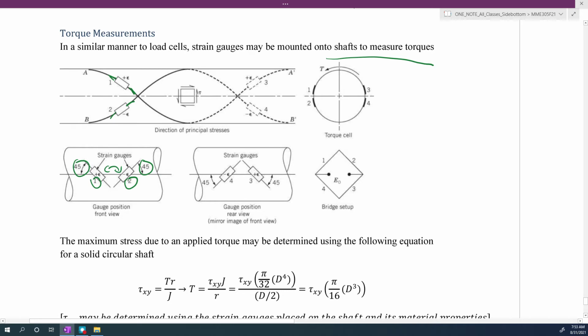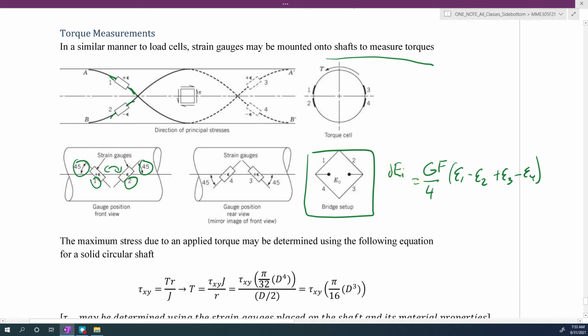So we can use a bridge setup where we have all four of our strain gauges, and remember we had the gauge factor divided by 4 times epsilon 1 minus epsilon 2 plus epsilon 3 minus epsilon 4 would give us our EO over our input voltage.